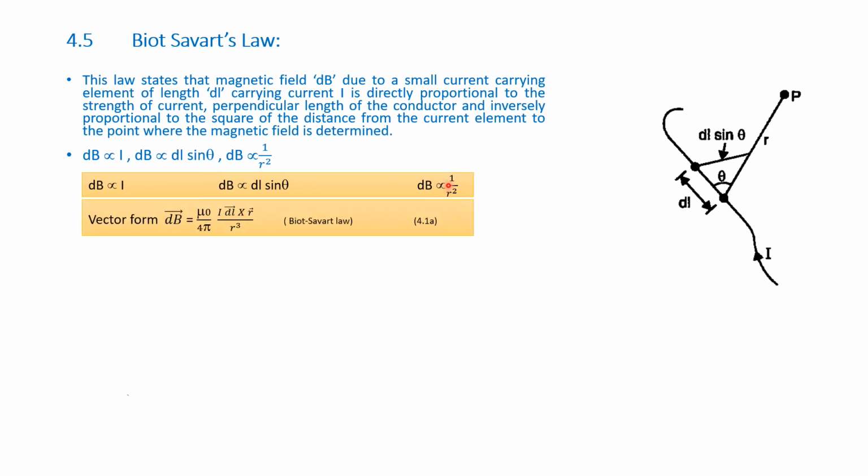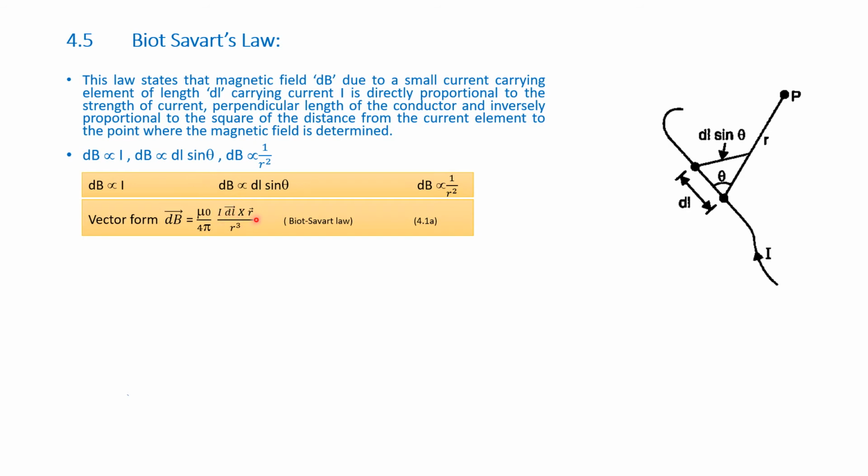The above relationships can also be expressed in vector form. Vector dB is equal to, removing the proportionality sign, we substitute a constant mu naught over 4 pi into I dl. I is the current and dl is the component dl sin theta.